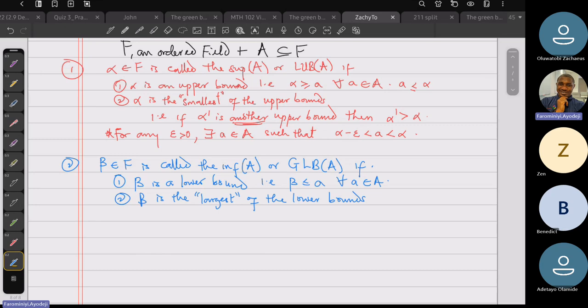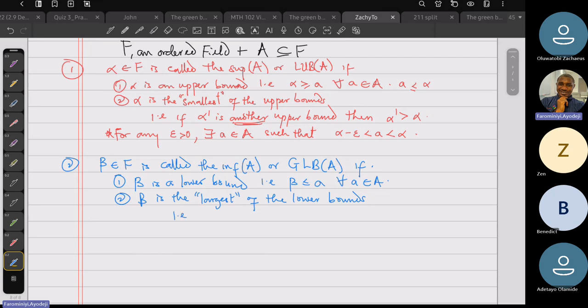It is good to understand definitions because they are essentially what you are going to use to solve exercises and to prove statements. That is why I'm taking time to explain each component of the definition. So beta is the largest of the lower bounds. And what does it mean technically?